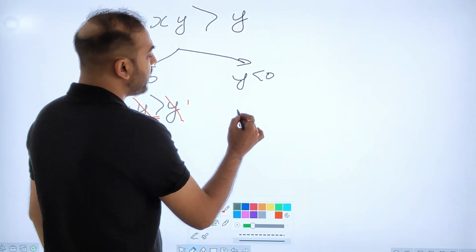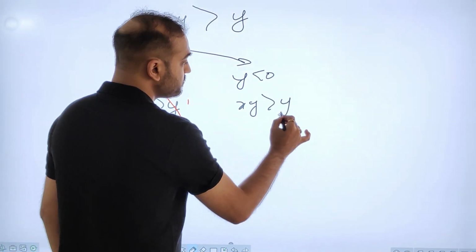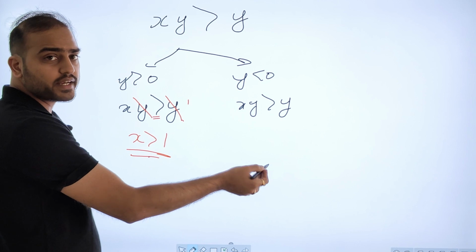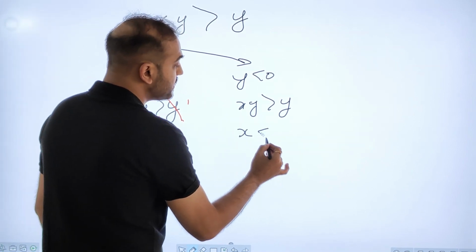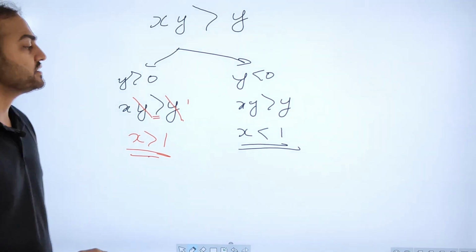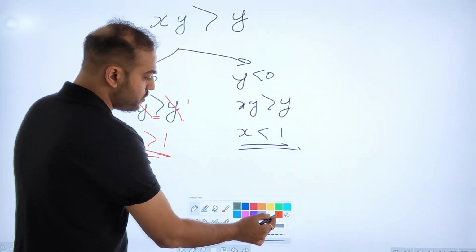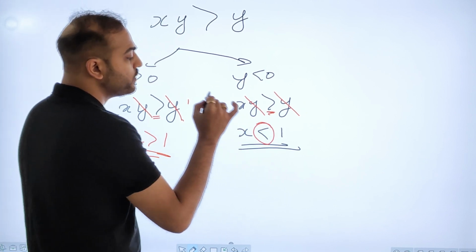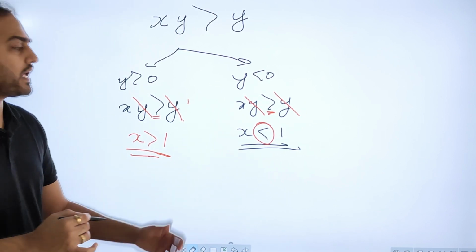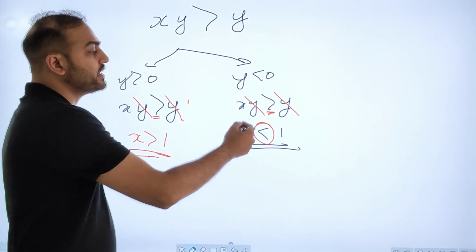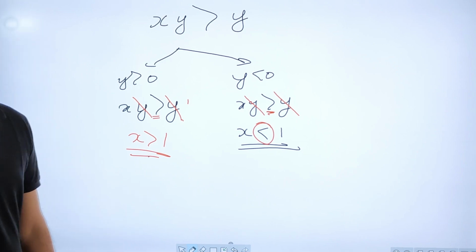Similarly, if y is negative, you want to divide by y on both sides, you can, but the sign will change, because you are cancelling a negative variable on both sides.